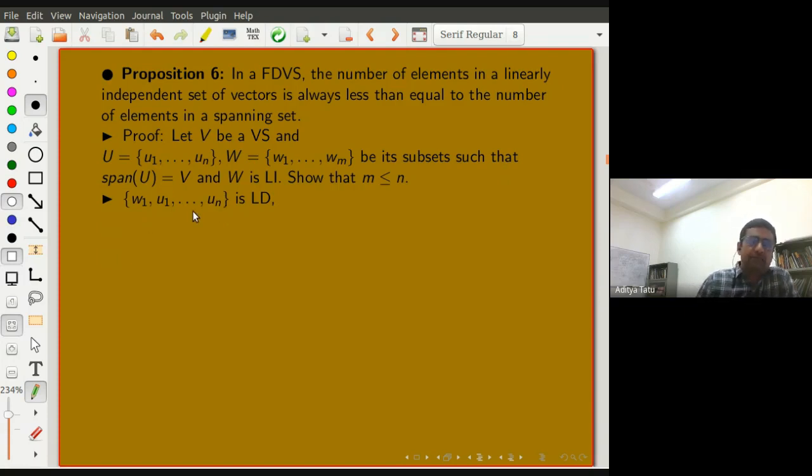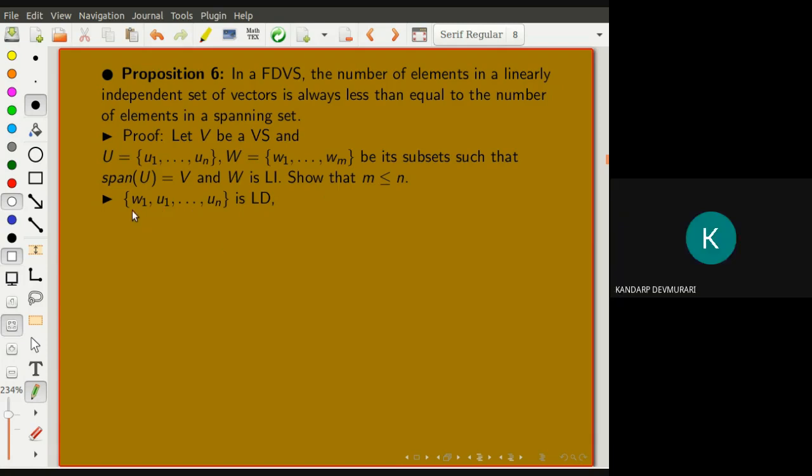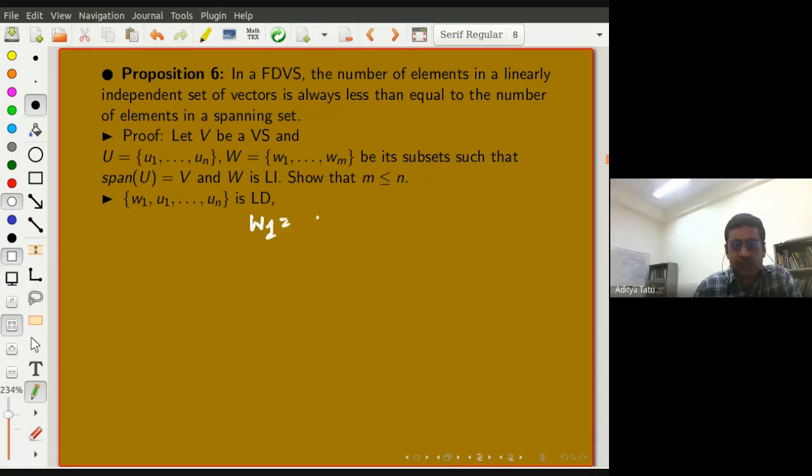What does linearly dependent mean? So W1 can be written as a linear combination of the u_i's, a_1 u_1 through a_n u_n. Now, can all these coefficients a_1 to a_n be zeros?